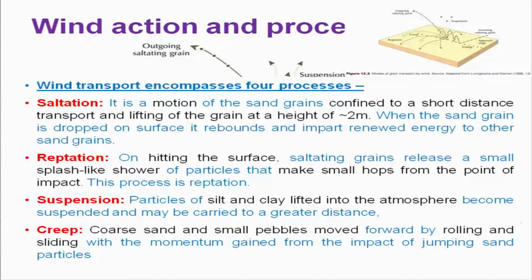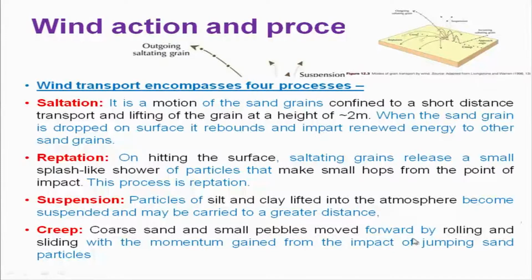Now the fourth one is creep. This will happen in the case of coarse sand and small pebbles. Even the pebbles, or you can say gravel of pebble size, can be moved forward by rolling and sliding. Once the material gains momentum from the impact of jumping sand particles, it can slide.